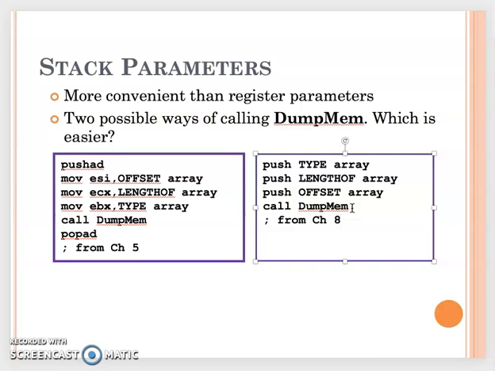So the concept of using passing parameters and local variables for the advanced procedure is that we will use the stack memory to save the values we need. So on the other hand, before you call DumpMem, you can just push the values you need, one by one, into the memory stack.